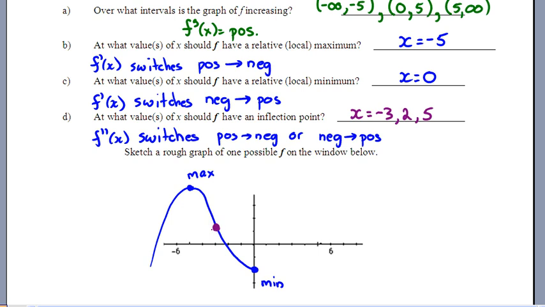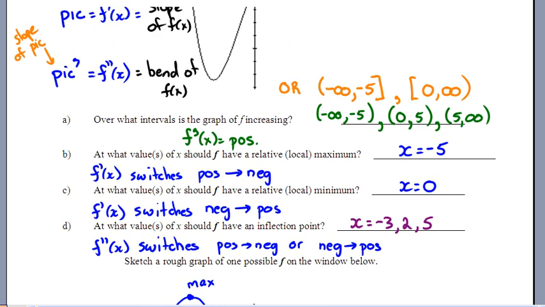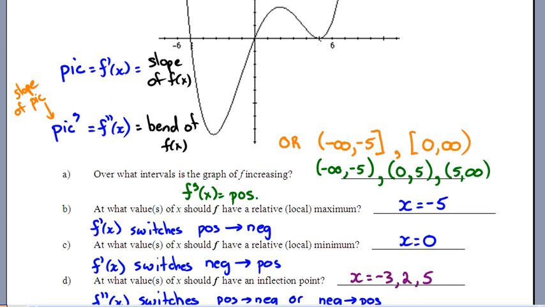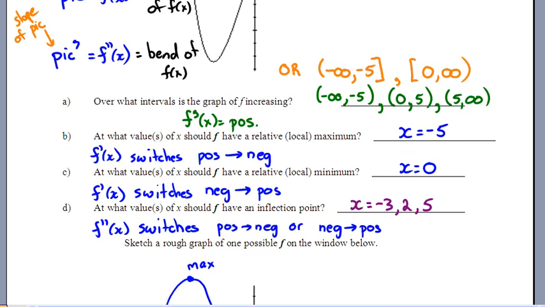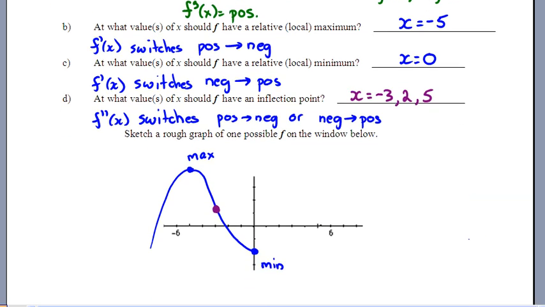Then we're going to have this interesting spot at x is equal to 5, where the graph goes flat again, and it looked like maybe we were going to have a maximum, but we don't. We simply get one of those flat spot inflection points. So I'm going to put just up here at 5, maybe around here.